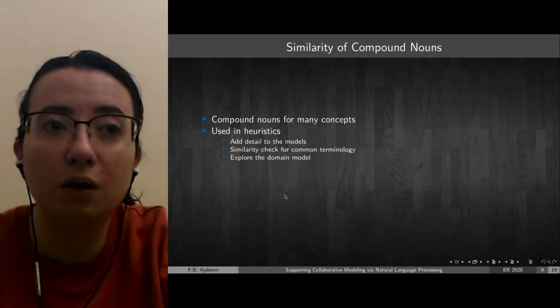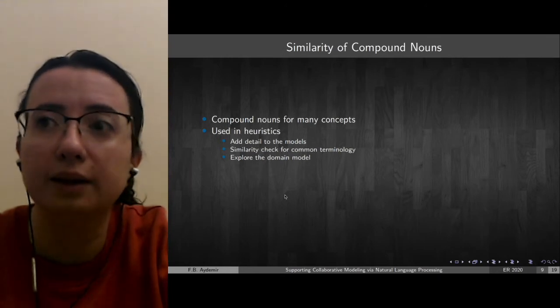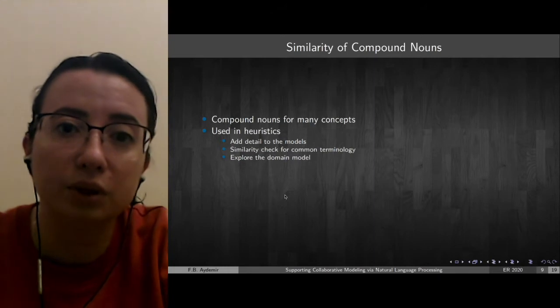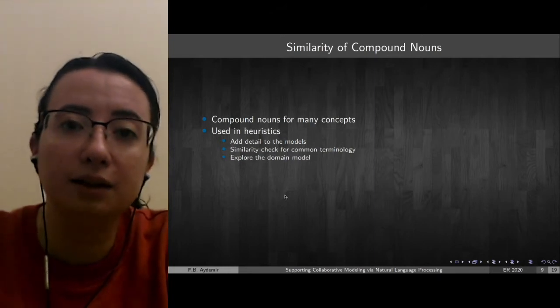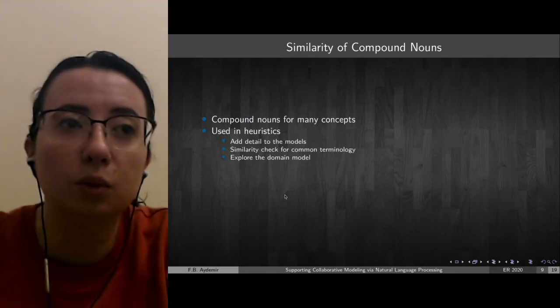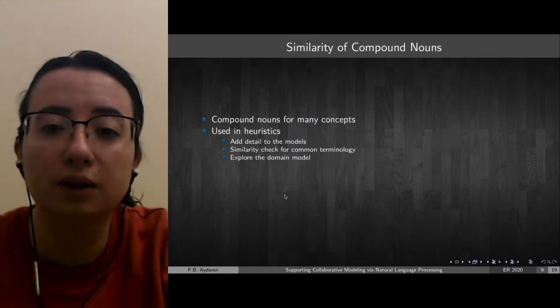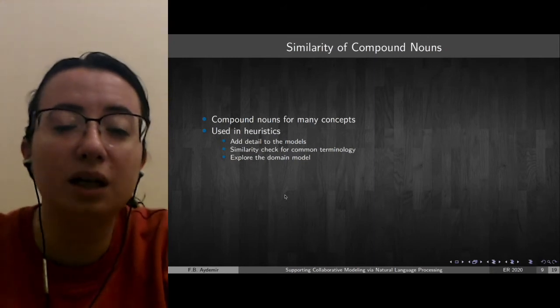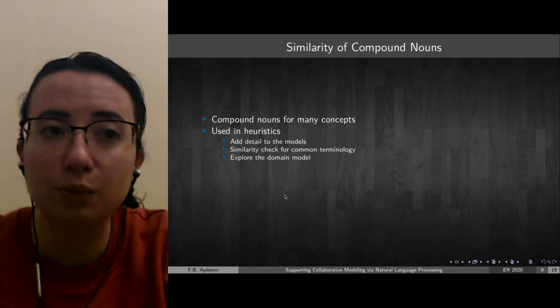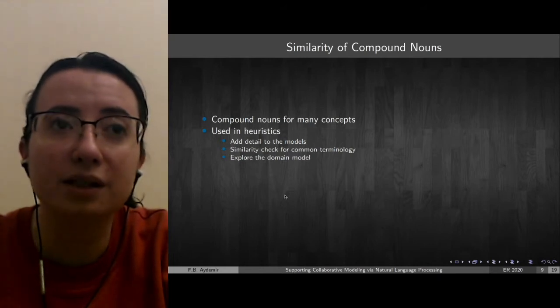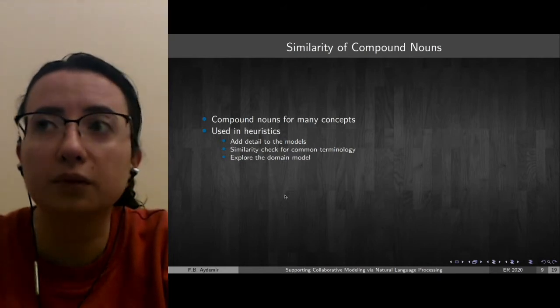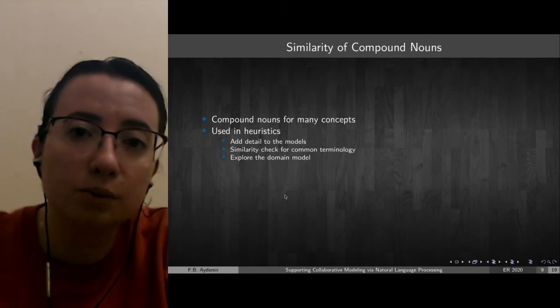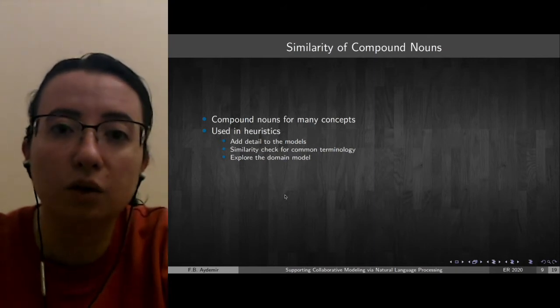And when we apply our heuristics, we look at the similarity, for example, in order to identify the missing concepts or the domain model matches. We had to deal with the similarity of compound nouns. So at this point, similarity analysis or metrics for single words is more advanced than the similarity of compound nouns.